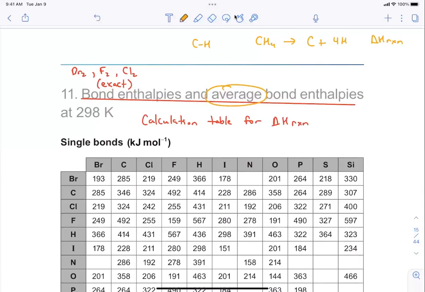What would we divide it by? How many bonds did we break? 4. So we divide this value by 4 to get the average. Because we broke 4 bonds, we saw how much energy it took, and then we divided by 4 to find the general average of the bond enthalpy.